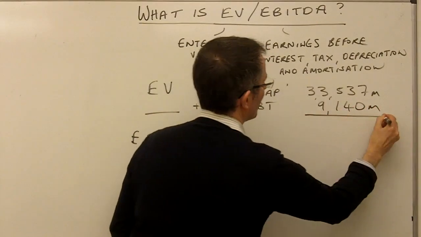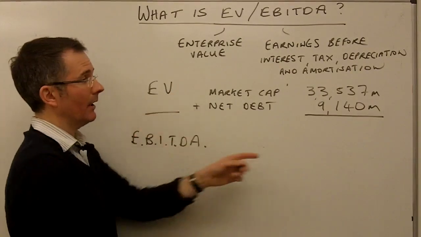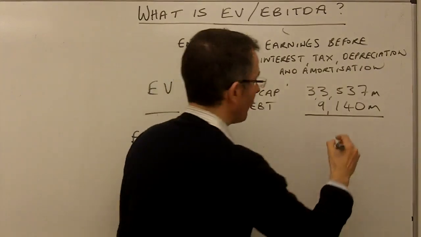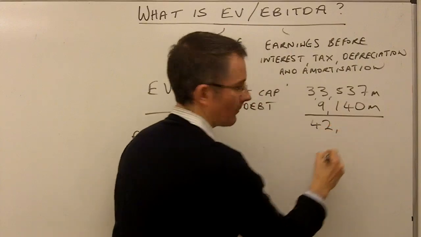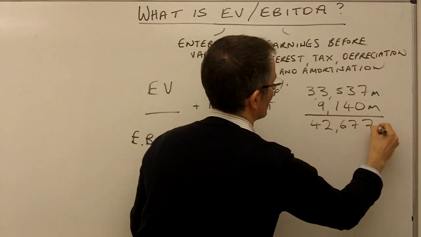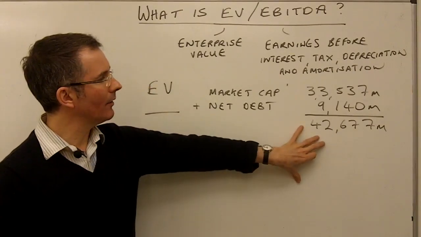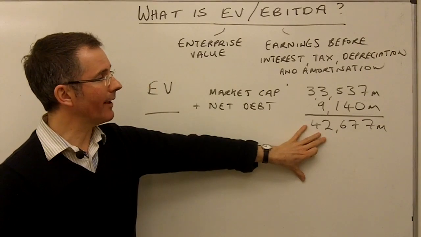So the total enterprise value, we're still working on this half at the moment, is those two combined, or about 42,677 million. So Tesco's enterprise value is around 42,677.